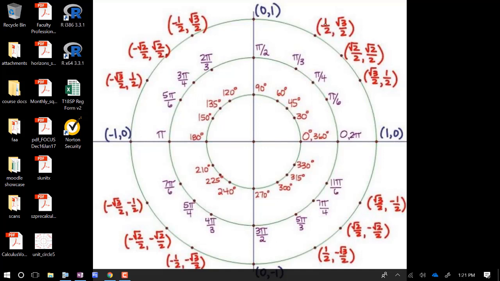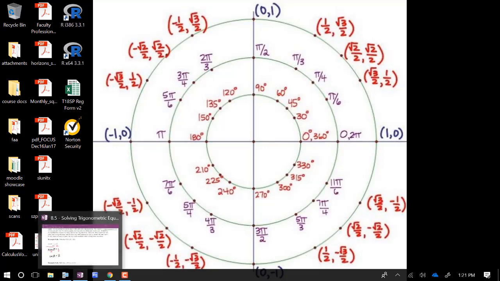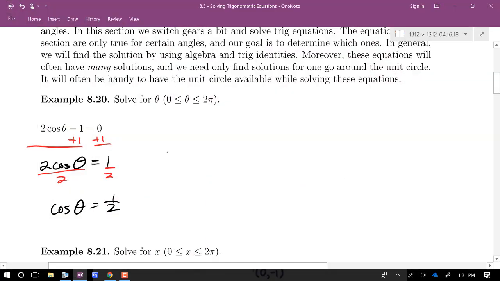Pi over 3, so that's up here. Because cosine is the x-coordinate, so I'm just scanning the points along the edge of the circle, looking for an x-coordinate equal to 1/2. So there's pi over 3, where else? And 5 pi over 3 down here at the bottom. So using the unit circle, we get theta is pi over 3, 5 pi over 3.